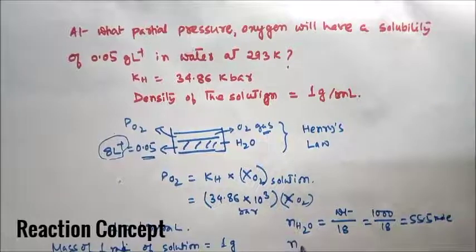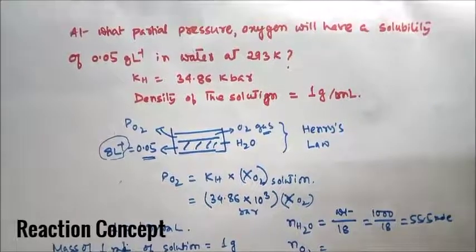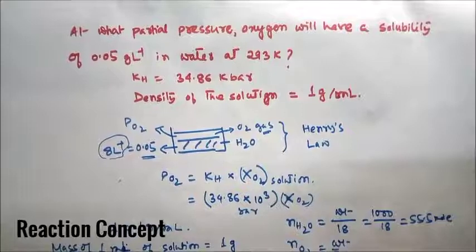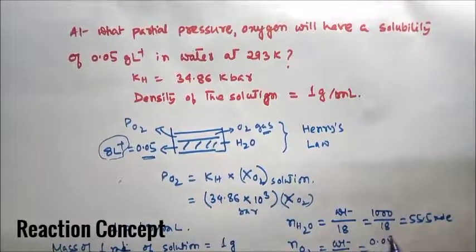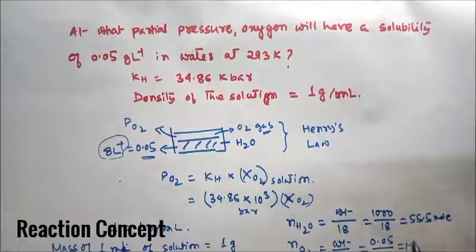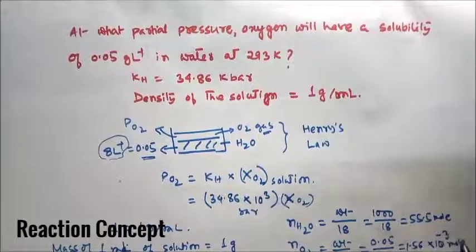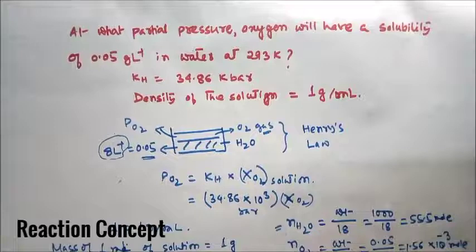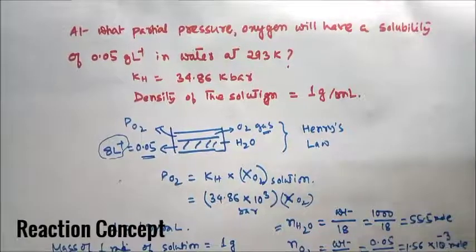Whereas the number of moles of oxygen is the weight of oxygen divided by 32, the molar mass of oxygen. So 0.05 divided by 32 is 1.56 into 10 to the power minus 3 mole. This is the number of moles of oxygen and of water in the solution.